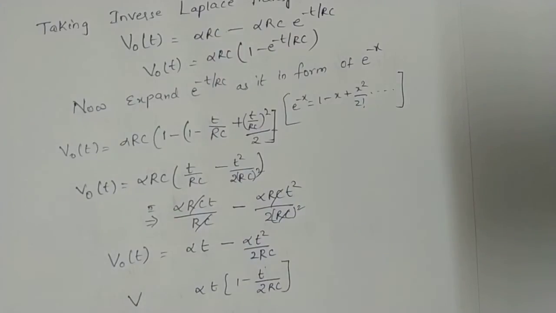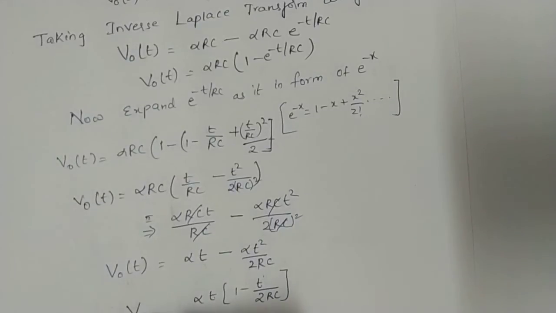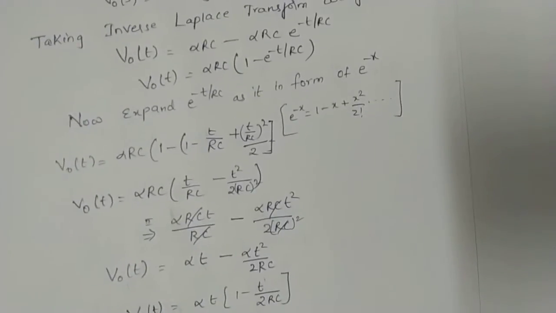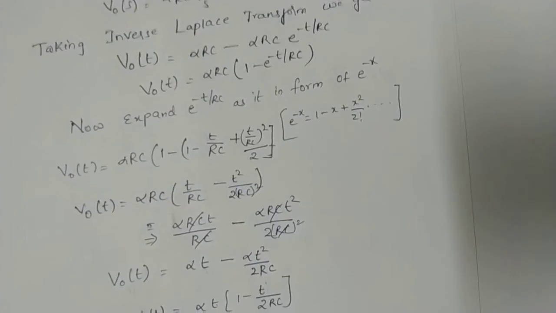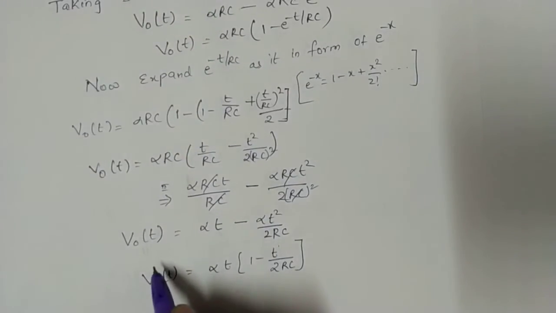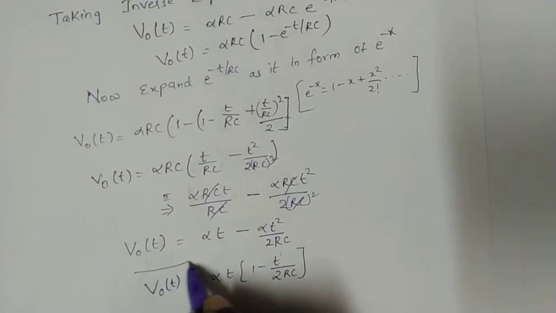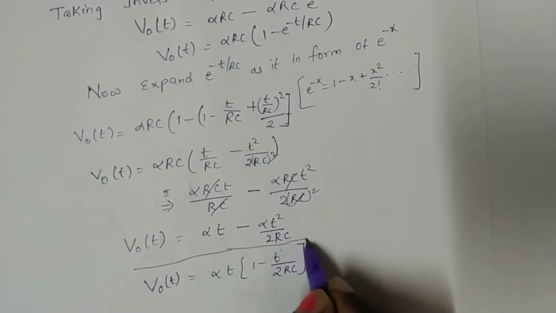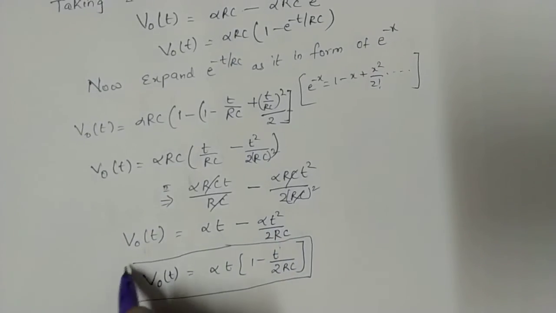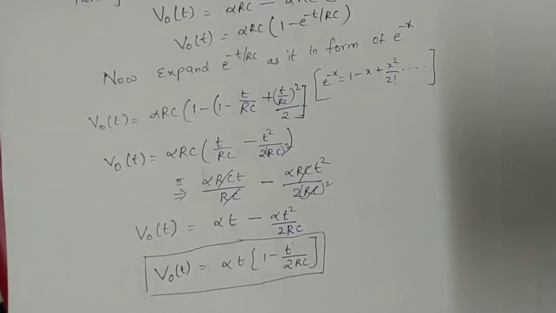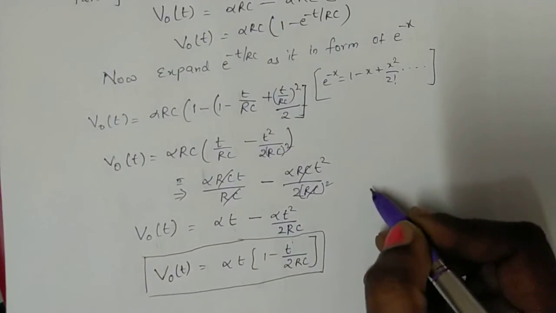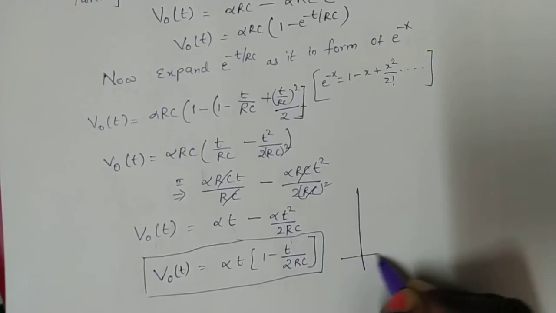So this is the final output expression for the ramp signal when it is applied to a HPRC circuit. The output waveform will be represented like this.